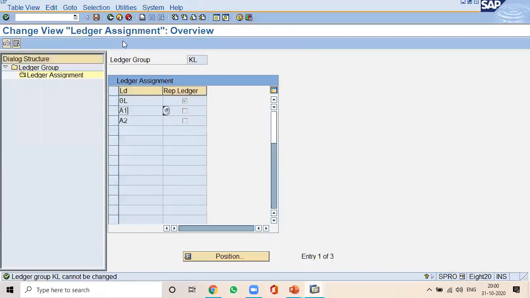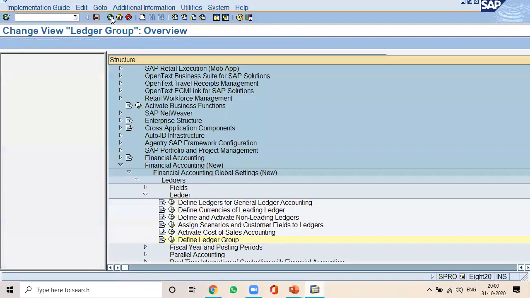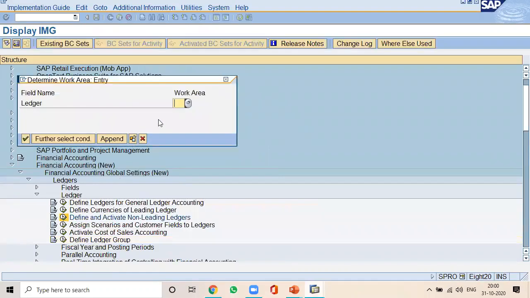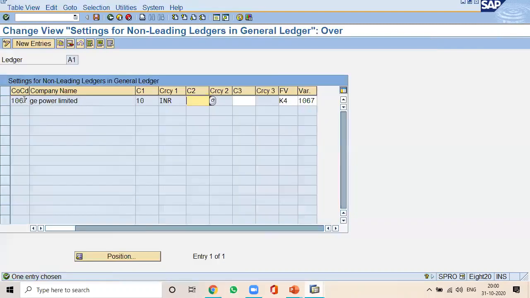So you assign the ledgers to the company code. See, define and activate non-leading ledgers. Ledger A1. This is assigned to the company code, no?